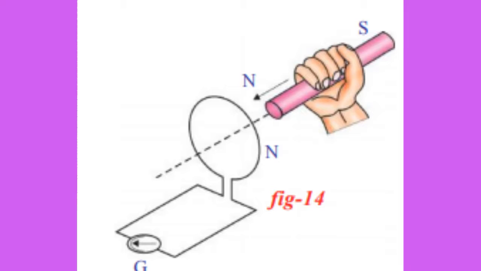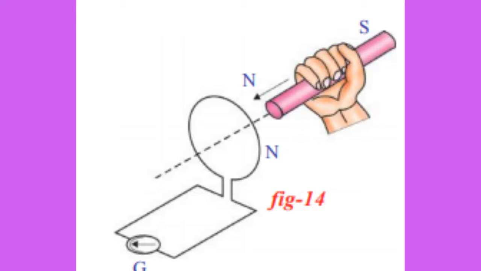Then why is it happening, we should know. When the bar magnet is nearer to that coil, the magnetic flux, that means the force lines, are intersecting that coil. Due to the intersecting of these force lines, this current is induced. And there should be a change in that magnetic flux, that is, the number of magnetic force lines intersecting the coil. How does the change occur here?